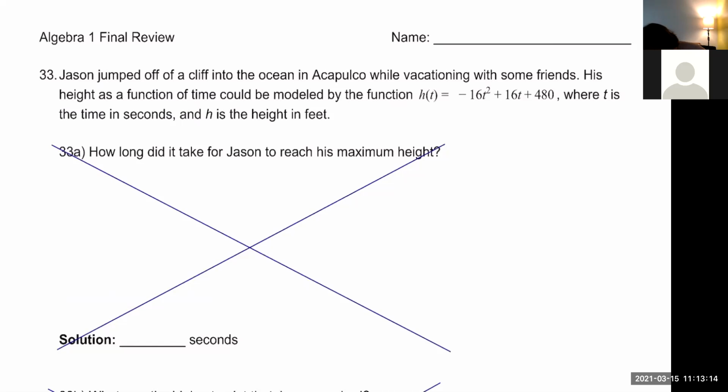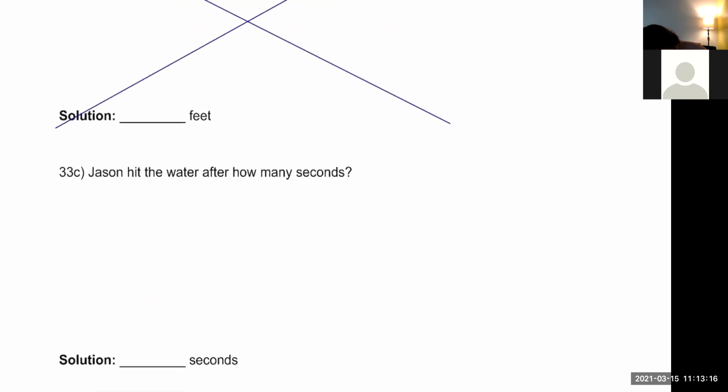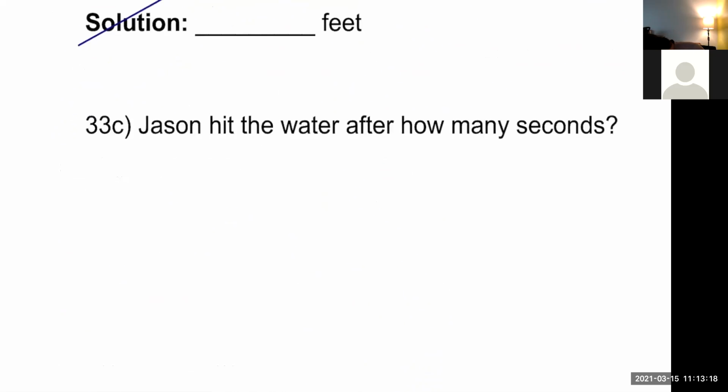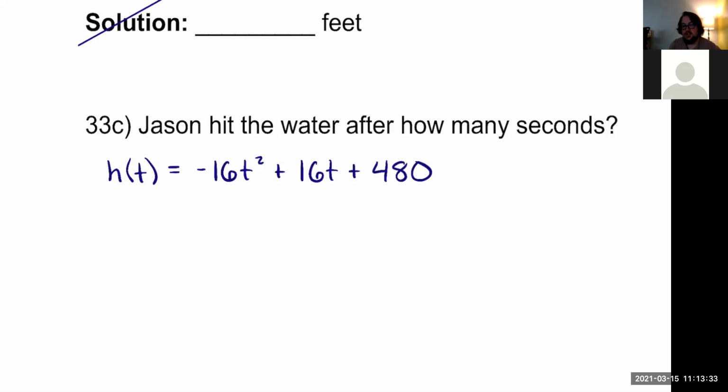So let me bring it down here. h of t equals negative 16t squared plus 16t plus 480. And the question is, Jason hit the water after how many seconds? So in other words, what are we solving for? We're solving for t.